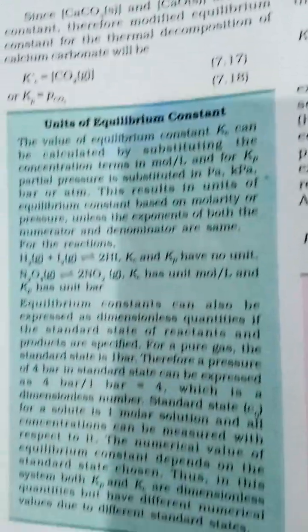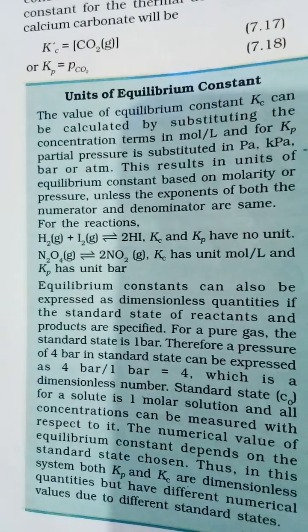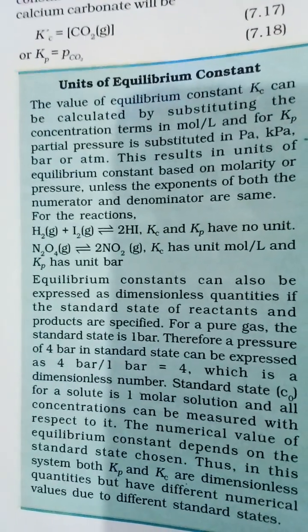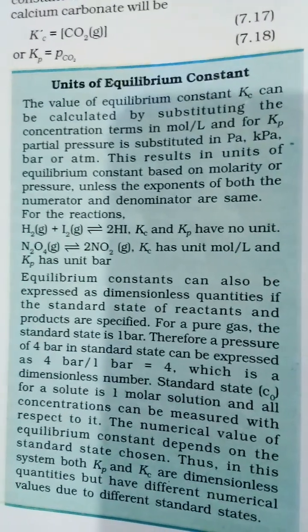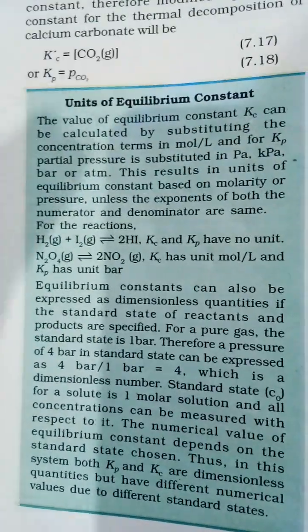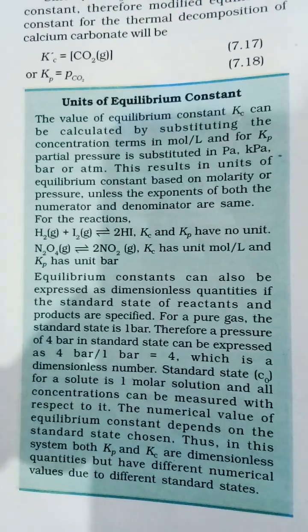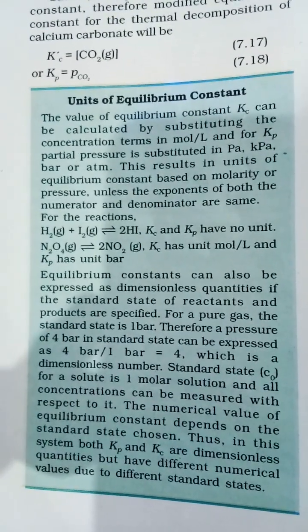As for the units of the equilibrium constant, the value of Kc can be calculated by substituting the concentration terms in mole per liter, and for Kp the partial pressure is substituted in Pa, kPa, bar or atm.